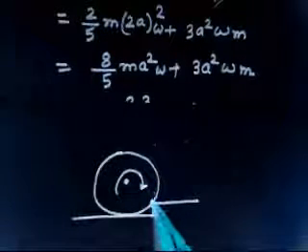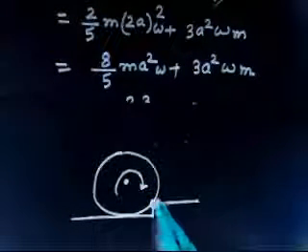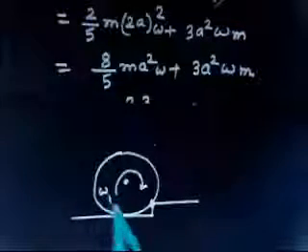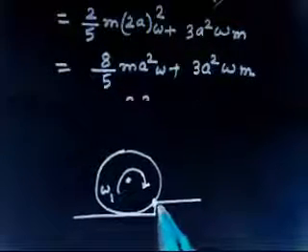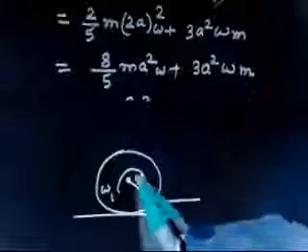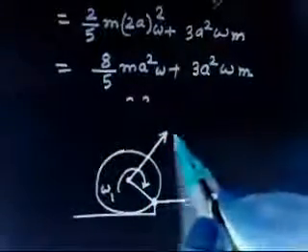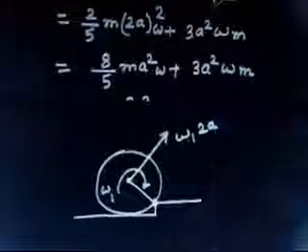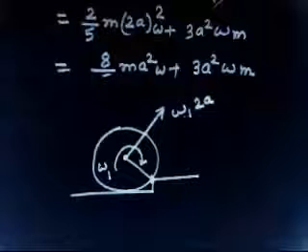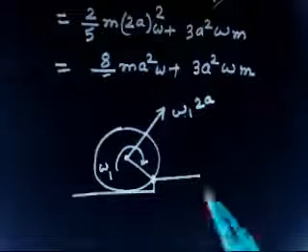So now this sphere is rotating about this point. Let us say omega 1 is the rotation about this point. So what is the velocity of the center of mass? This time the velocity will be perpendicular to this line, omega 1 into this length, which is 2a. Are you getting? So try to understand.